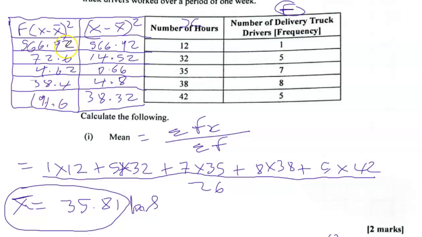So we need the summation of all our values in this final column, f times x minus x bar squared. So we add all of these values, we get 874.14.